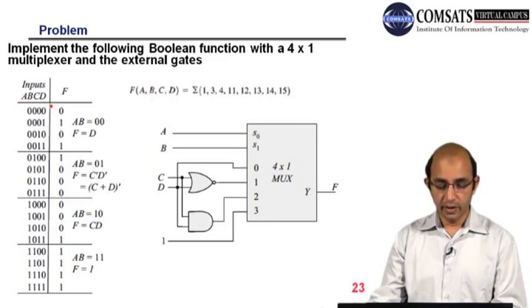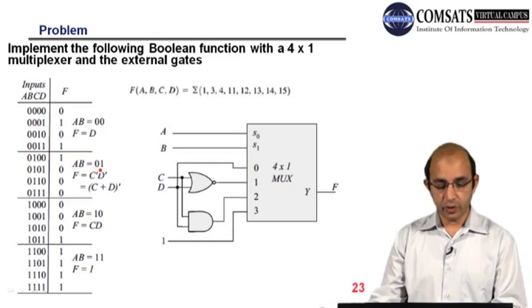We will start from 0 0 and have all the possible combinations. When AB is equal to 0 0, F is equal to D. Here, if you look at D and F, they are the same.